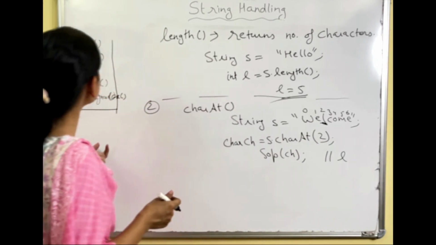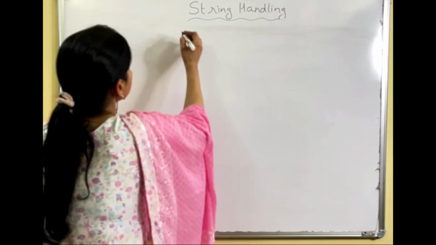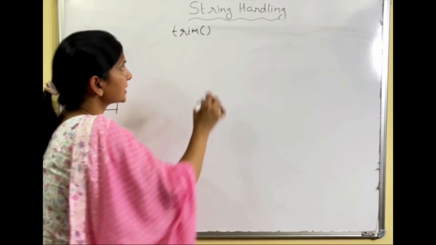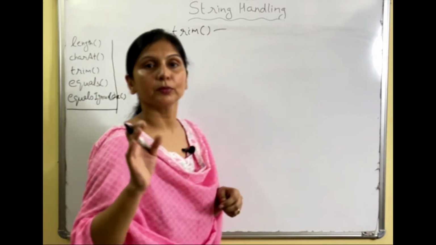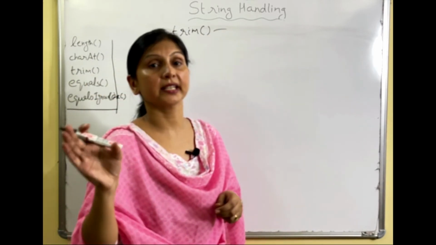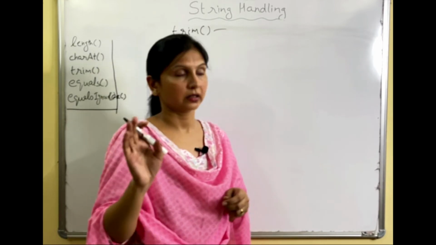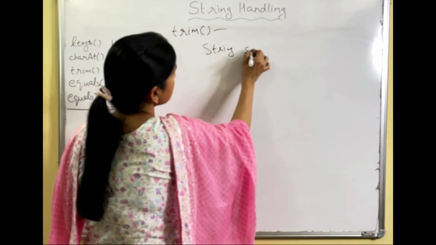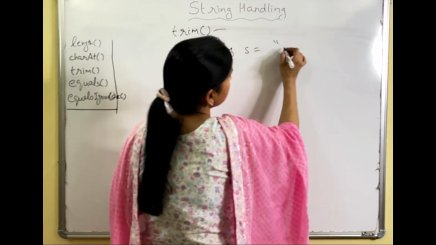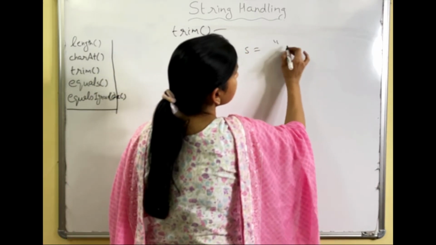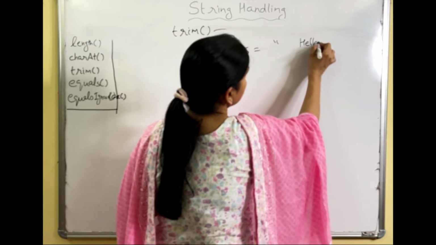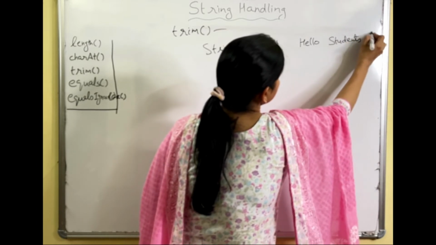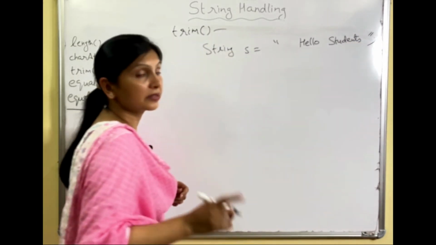Now the third is the trim method. What does it do? The trim method removes the leading and trailing spaces from the string. For example, if I have a given string s, I am leaving a space, this is called leading space, then hello, again a space, students, and then we close the inverted comma with one space.